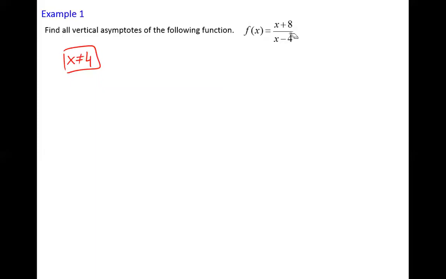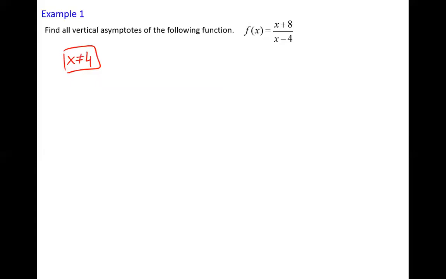Looking at this function, this is a first-degree polynomial, and this is also a first-degree polynomial. They are linear factors, and they are not the same. I can't factor further and I can't simplify, because they are not the same. That means this is the simplest, reduced form of my function.